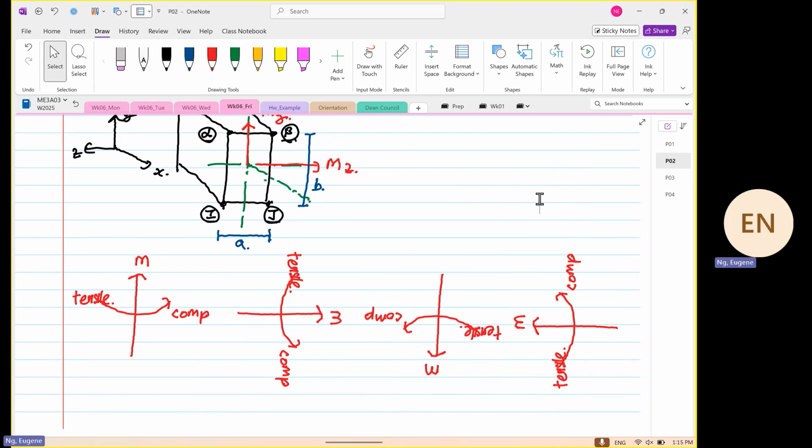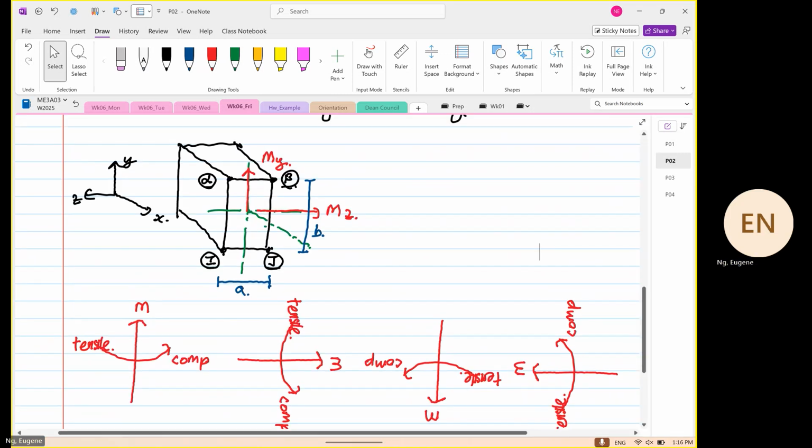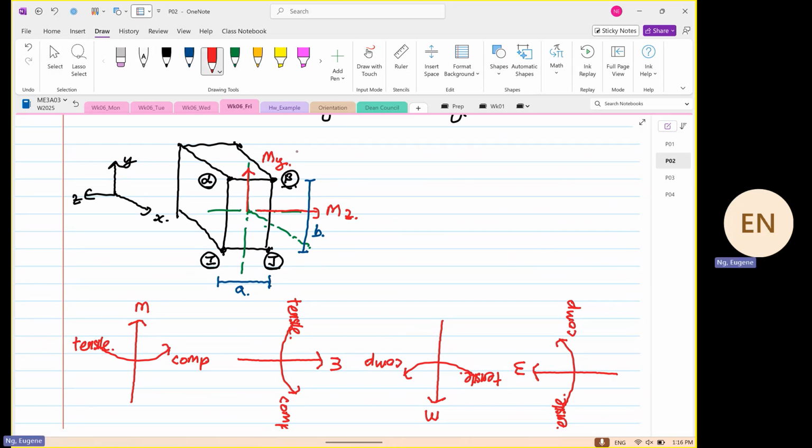Okay. So now what you can see, we are going to apply, if you look at MZ or MY. So we know for MY, if the rotation is this way, and for MZ, the rotation is coming down this way.